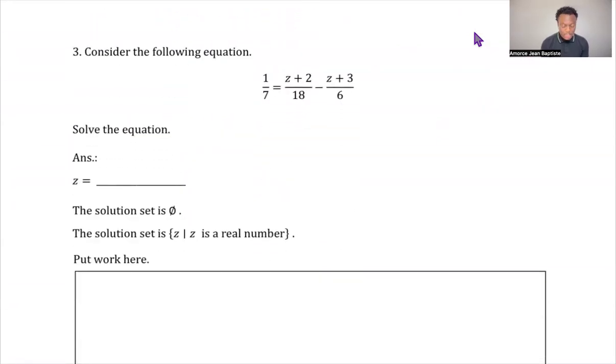Next problem. The next problem, as you can see, includes fractions, but it's not quite a quadratic equation. Why? Because the highest degree of the variable is not 2. That's the only reason that explains why it's not quadratic.